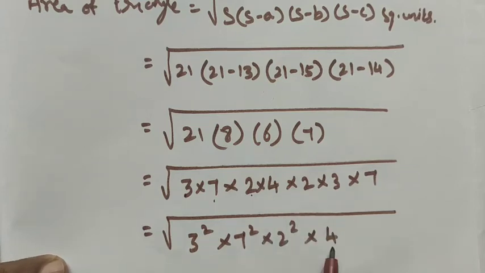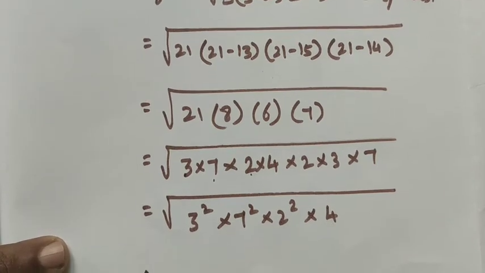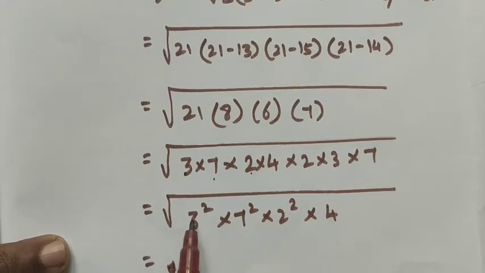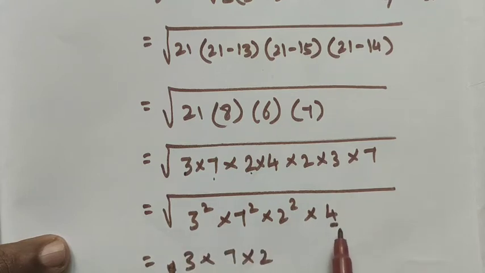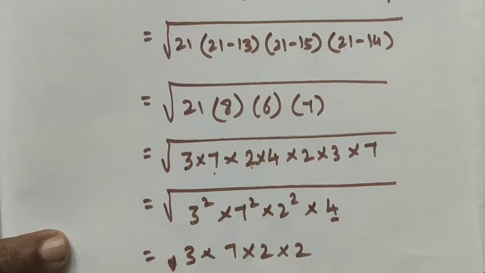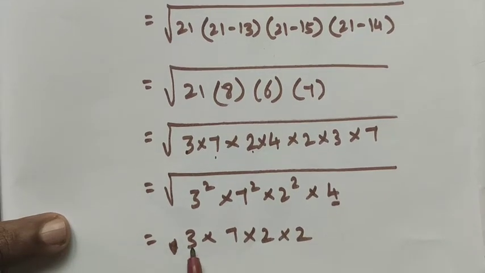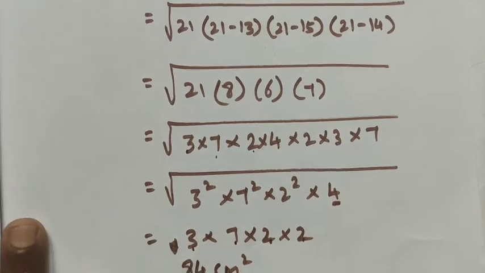We know that the square root of 4 is 2. Then cancelling the root and square, here we have 3, 7 and then 2. Taking 4 outside, we get 2. This term is equal to 3 7s are 21, 21 2s are 42, 42 2s are 84 centimeter square is the area of the triangle ABD.